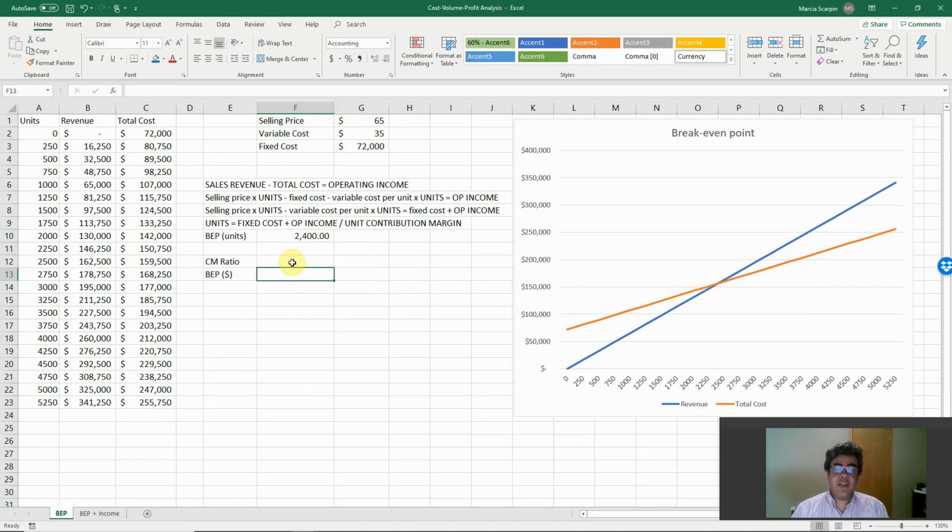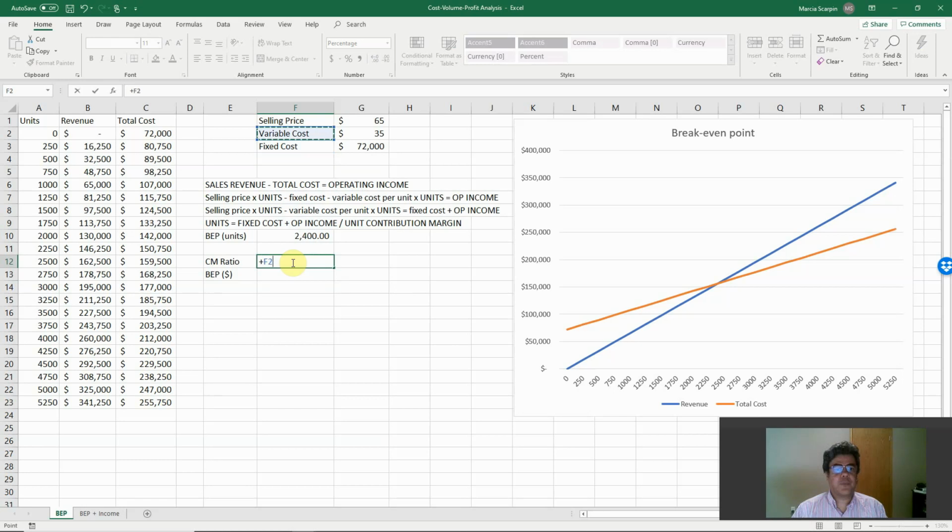How do we find it in dollars? First of all, we find the contribution margin ratio. That is the contribution margin, selling price less variable costs, divided by selling price. 46.15%.